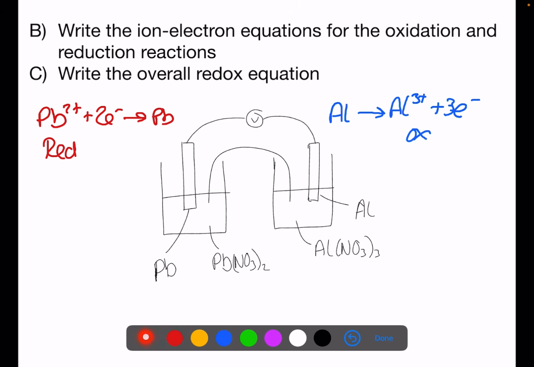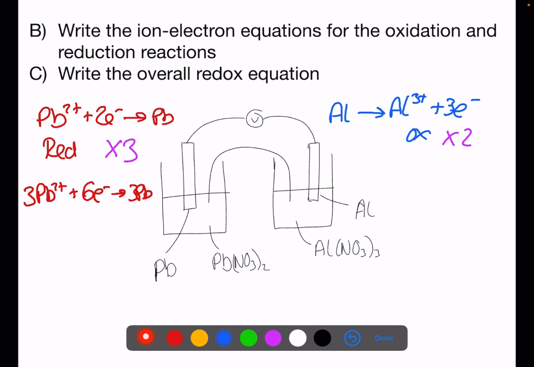To combine the two, we need to make sure that the electrons are the same. So we're going to multiply the lead equation by 3 and the aluminium equation by 2 before combining. This means we'll have 3 Pb2+ plus 6 electrons to give 3 Pb.